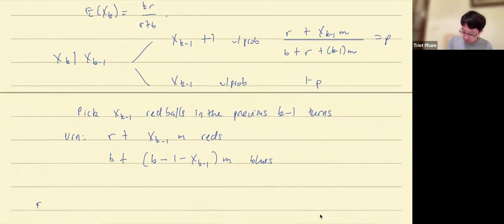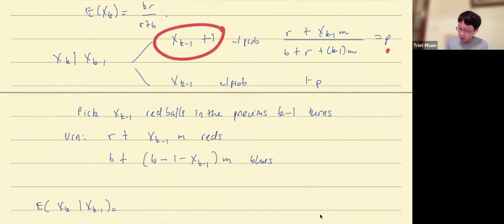Therefore, expectation of xk given xk minus 1 will be what? So expectation of xk given xk minus 1 will be this times p plus this times 1 minus p.